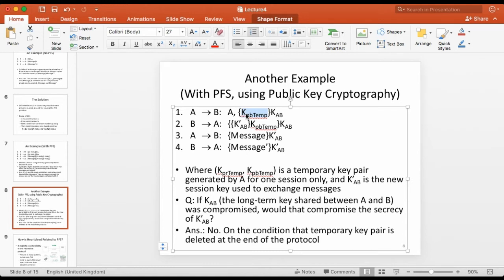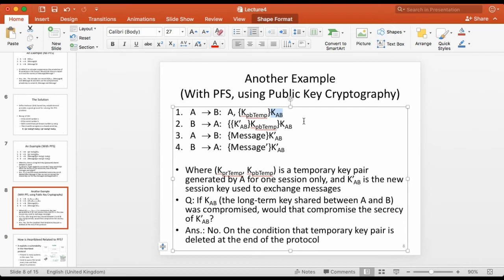Okay, so in this protocol, Alice starts by sending, first of all, her name, and then she sends an encrypted message, and that message is the temporary public key that she has just generated locally, and she uses the long-term password that she has with Bob to encrypt or protect that temporary public key.